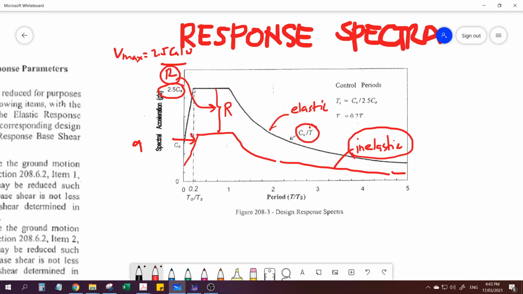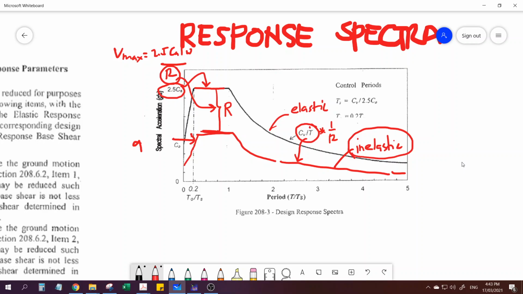So, what does it mean? The Vmax is here, which is 2.5 Ca. Just add I over R. This is now your Vmax for inelastic response spectra. And for CvI over RT W, multiply to I over R. Okay? So just to appreciate the formula and the response spectra curve.